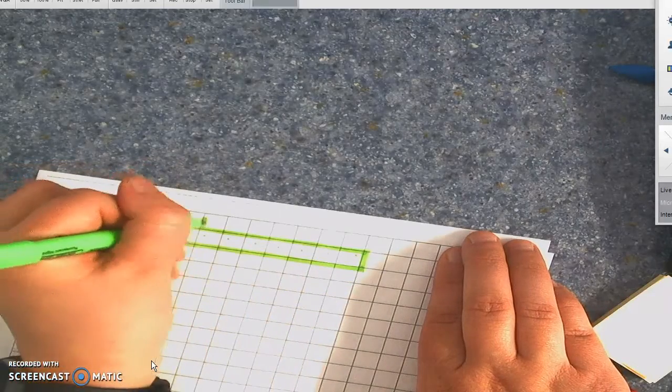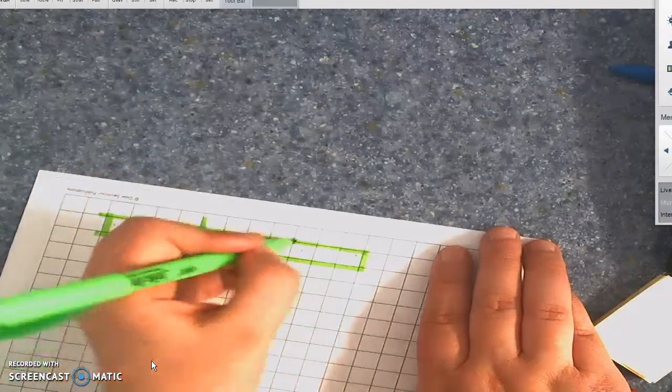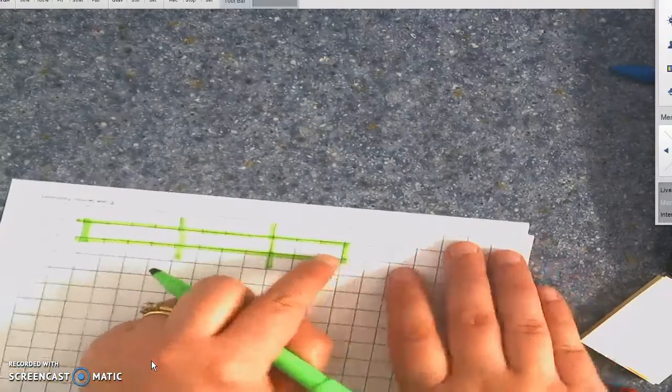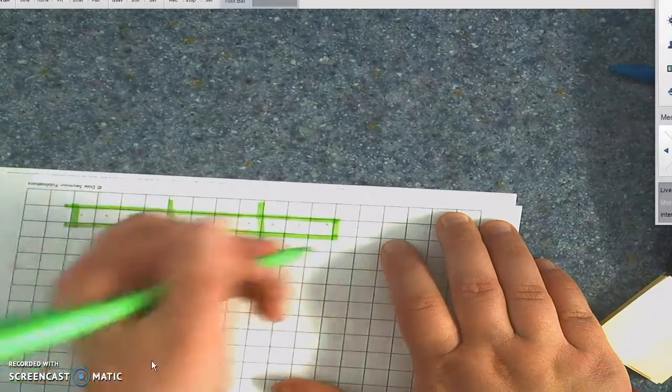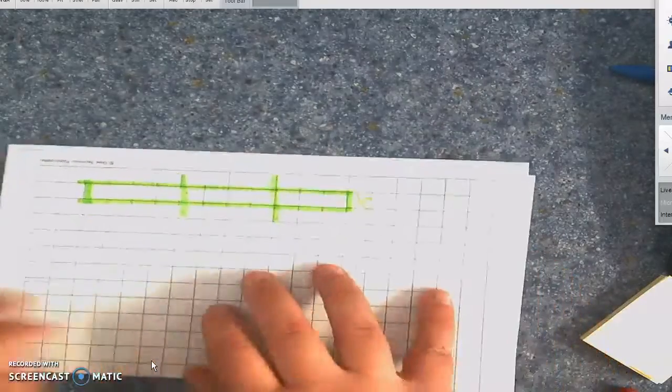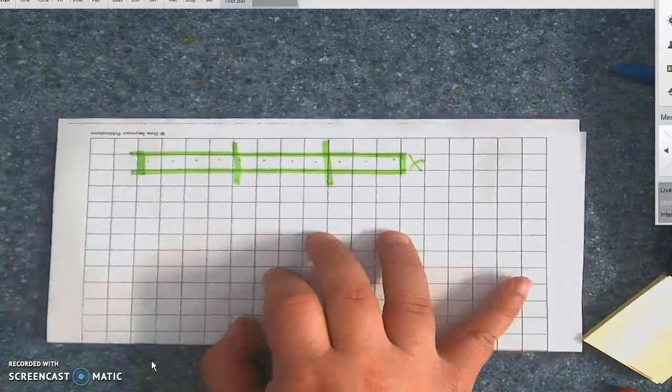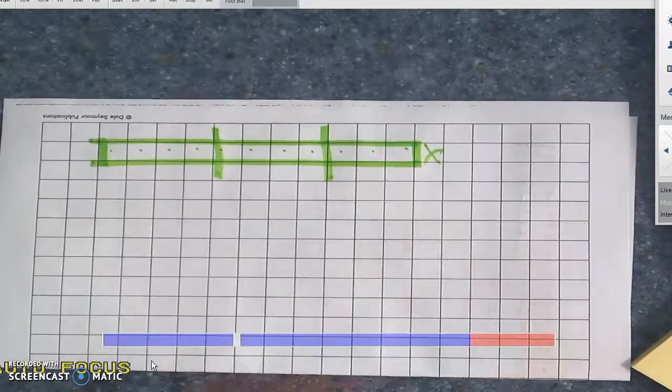So these 4/4 make 1 whole, these 4/4 make 1 whole, and then here's my extra 3/4. This box was not part of it because it was only 3/4, not 3 wholes.